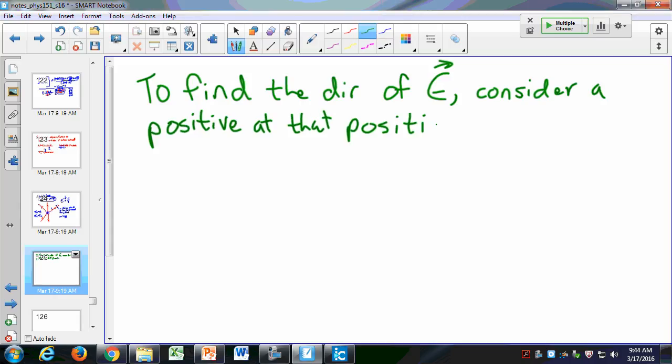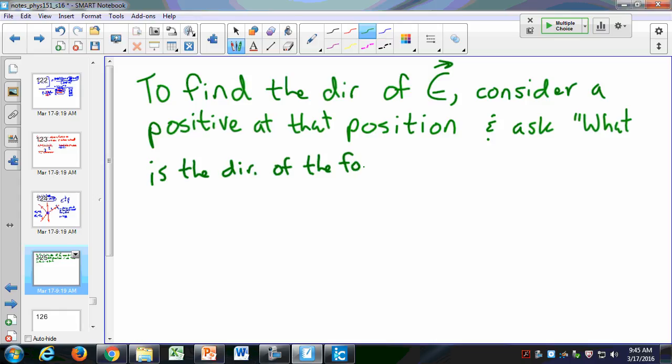And ask yourself, what is the direction of the force? And whatever the direction of the force, that will be the direction of the electric field.